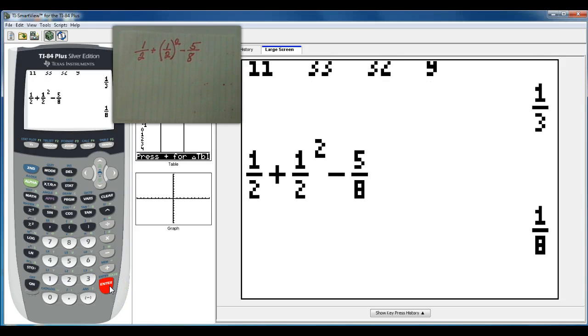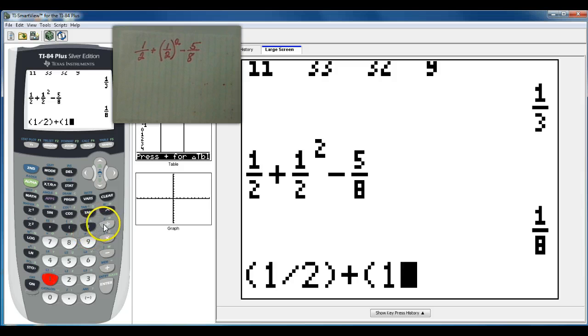and your answer is 1/8. If you were going to do it without the upgrade, remember 1/2 is its own parentheses and you would square it and you would do the same thing. So again, the only difference is that you're putting in the parentheses around each number. Nothing different from what you've done before.